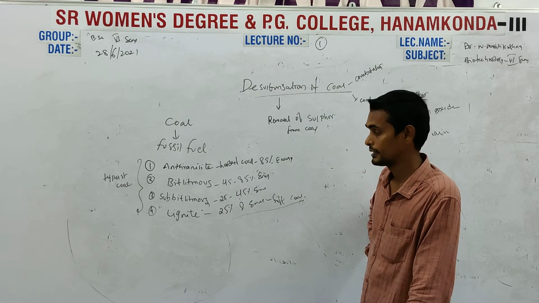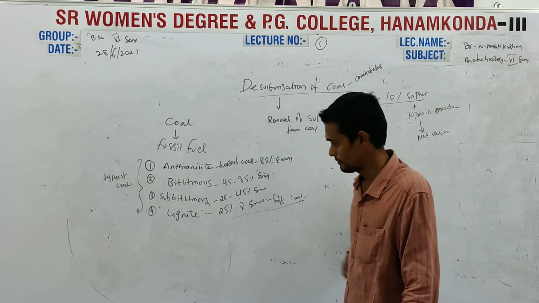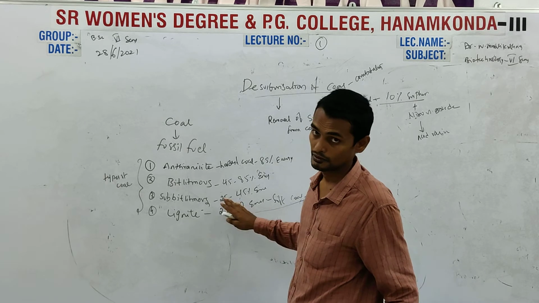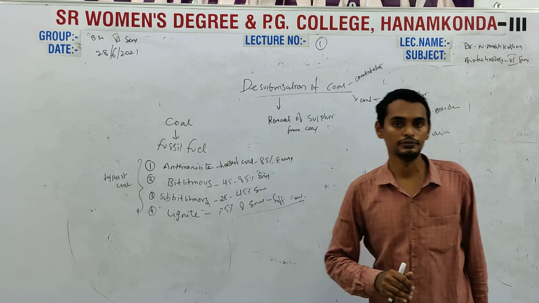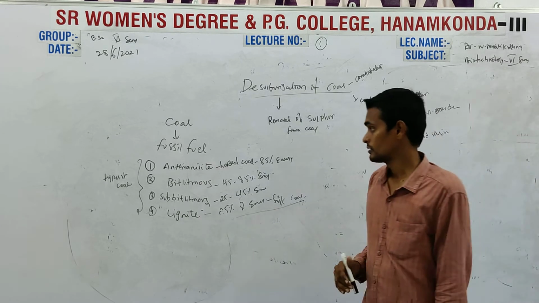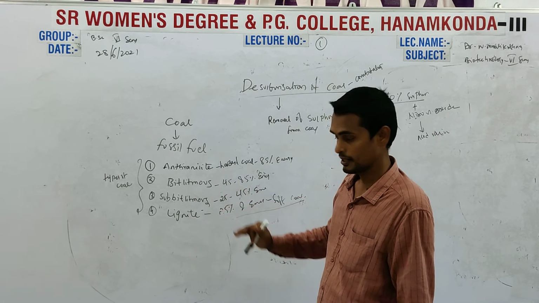The fourth one is lignite, which gives up to 25% of energy. It is a soft coal, the lowest category, which produces low energy. So anthracite, bituminous, sub-bituminous, and lignite.